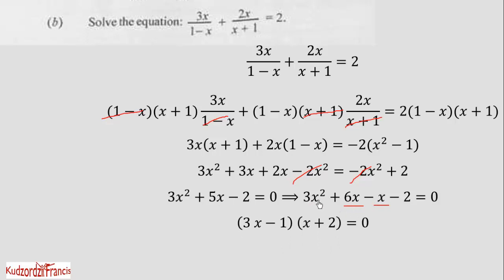When you factor 3x out, you're going to get x plus 2. Then you factor negative 1 out, you get x plus 2. So that will give you 3x minus 1 into x plus 2. So I skipped one step here. Then the next thing we do, to use the zero product property, either this is equal to 0 or this equals 0, and that will give you x equal negative 2 or 1 over 3.